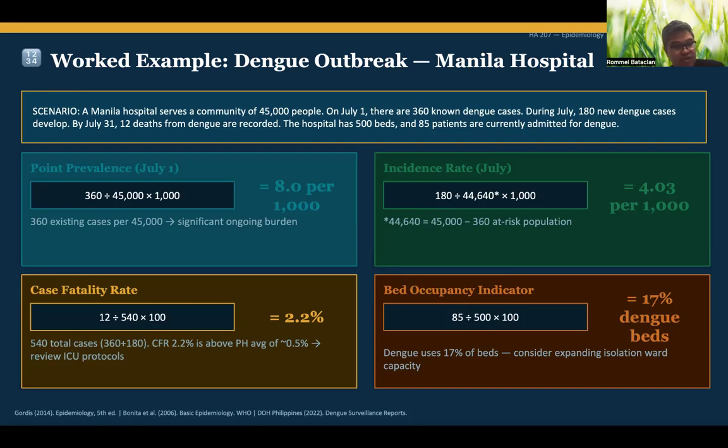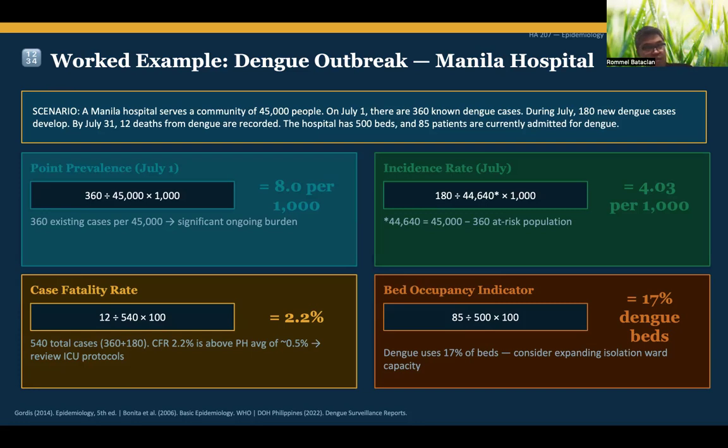So 12 deaths divided by 540 because those are the number of dengue cases, multiplied by 100. So the case fatality rate is 2.2%. So that means 2.2% of dengue cases resulted in death.